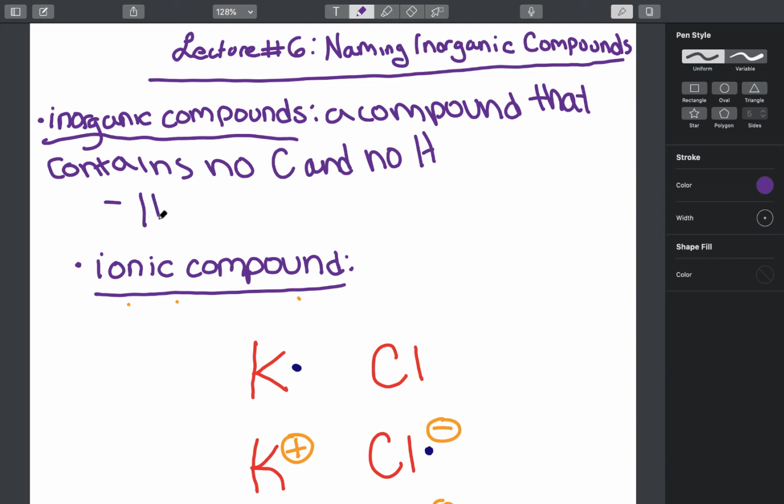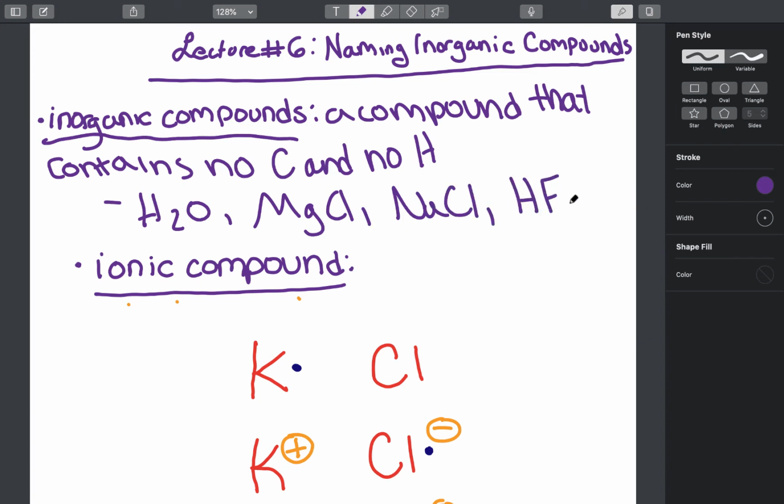Some examples include water, magnesium chloride, sodium chloride, hydrofluoric acid, another one would be hydrochloric acid, etc. So there's a lot of compounds out there that are inorganic. In fact, most of general chemistry focuses on these inorganic compounds. It's not until you get into, of course, organic chemistry that you really focus in great detail on organic compounds.